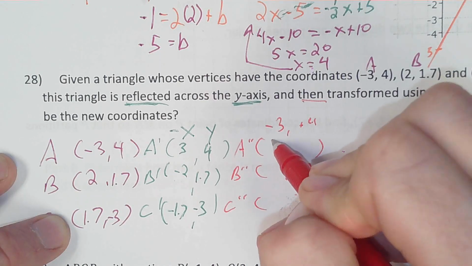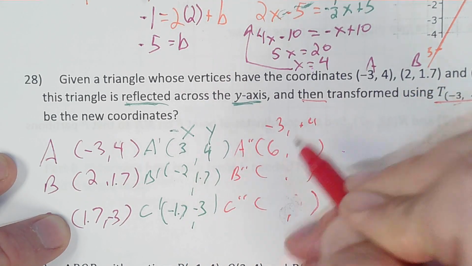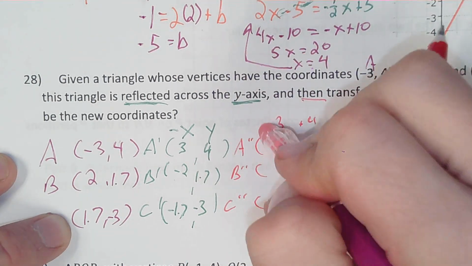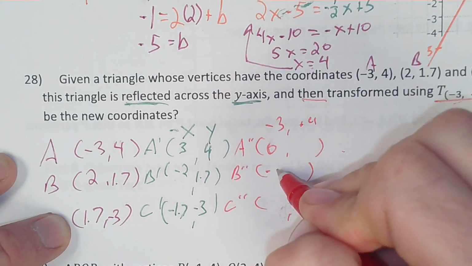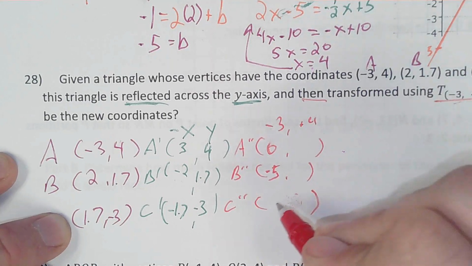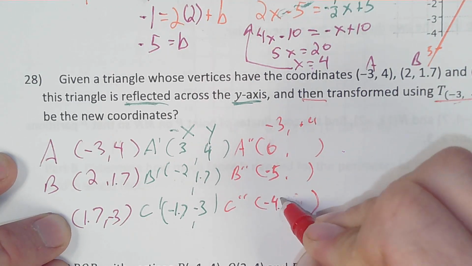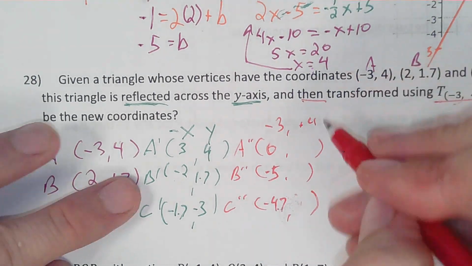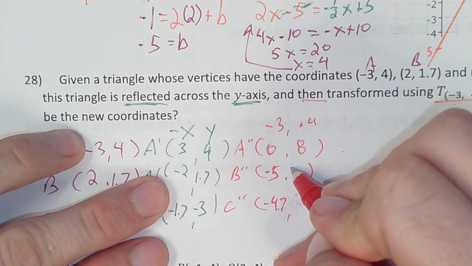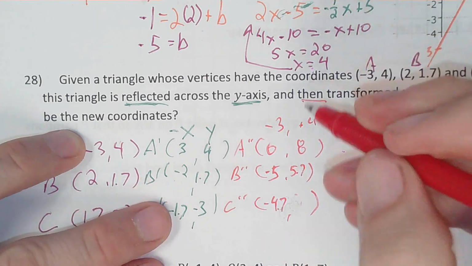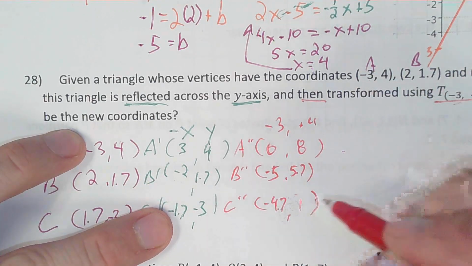So the new coordinates are 0, 0, then -5, and -4.7, then 8, then 5.7, and this will be 1.